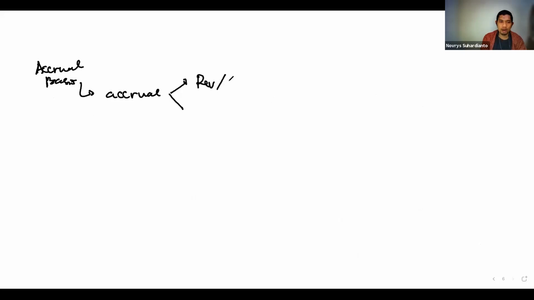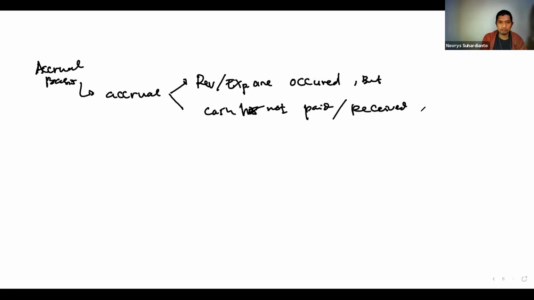Revenue or the expense has occurred, but the cash has not been paid or received. Cash has not been received or paid.